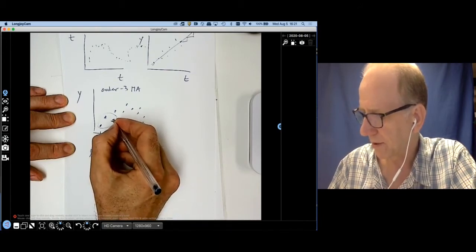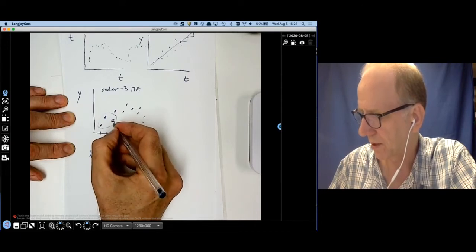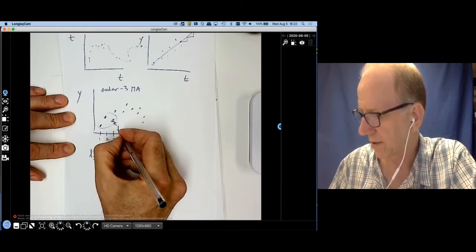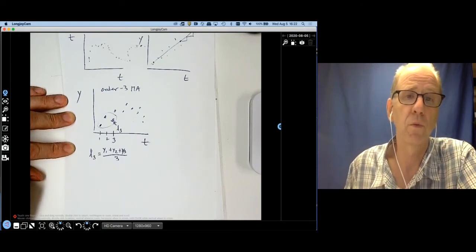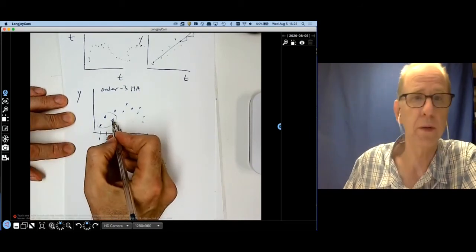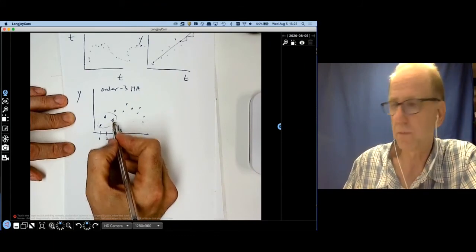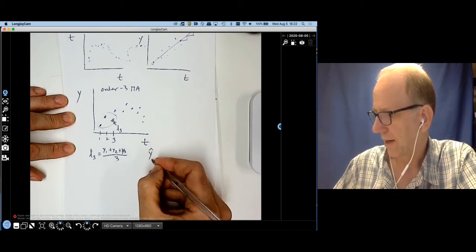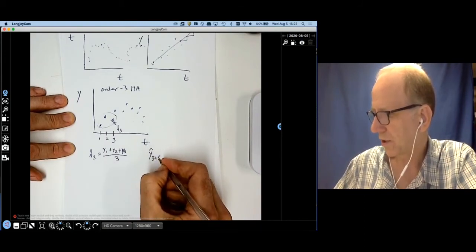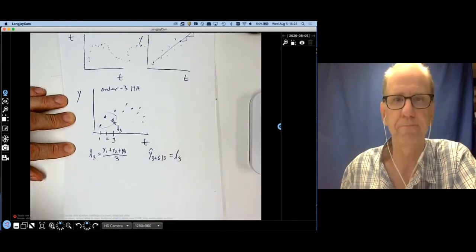That line right there, just a little bit below that, because we have to average in that point. So let's just draw a line here. This is L3. And so my forecast of what the next point is going to be is simply going to be this L3. So we could say y hat at 3 plus h, given that I'm at time period 3, is just L3.